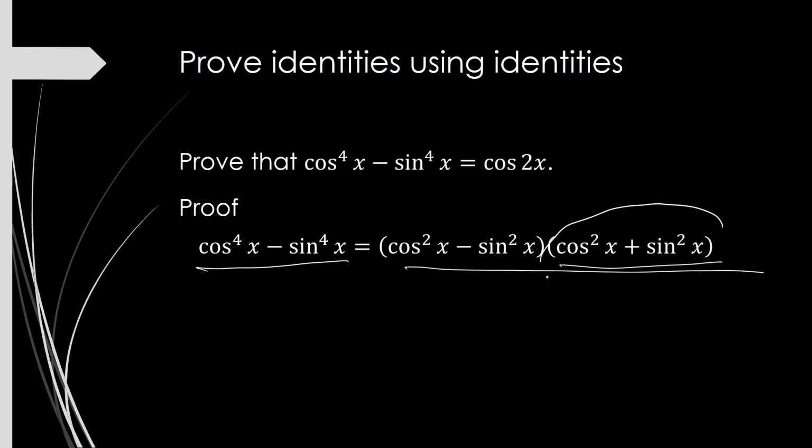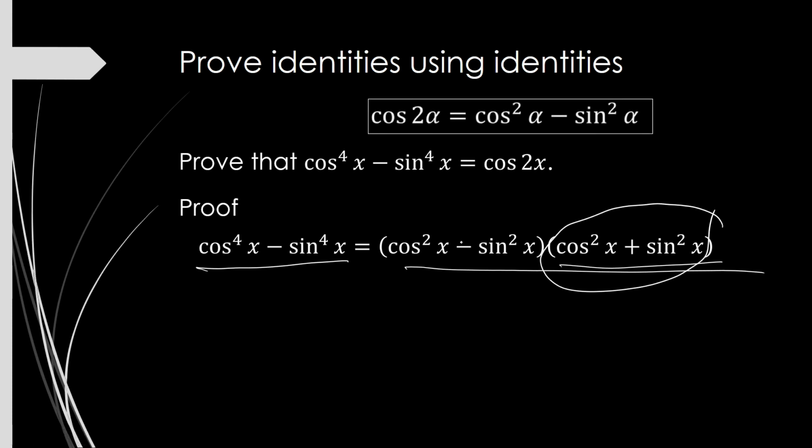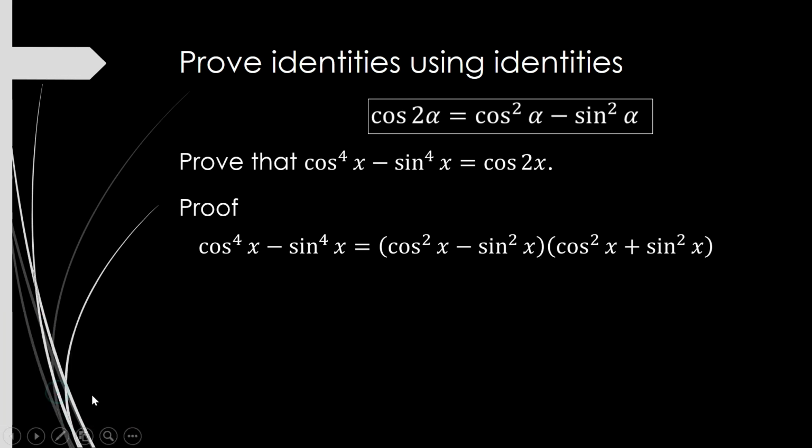And you know what this is equal to. That's just equal to 1. And we have a double angle identity for this. This, in fact, is equal to cosine of 2x. So we have shown it. This is equal to cosine of 2x times 1, or simply cosine of 2x.